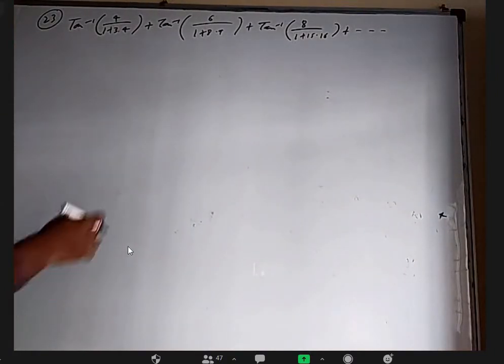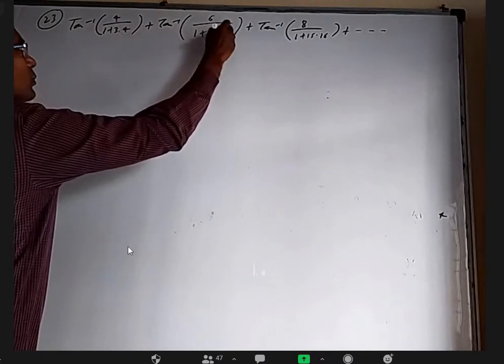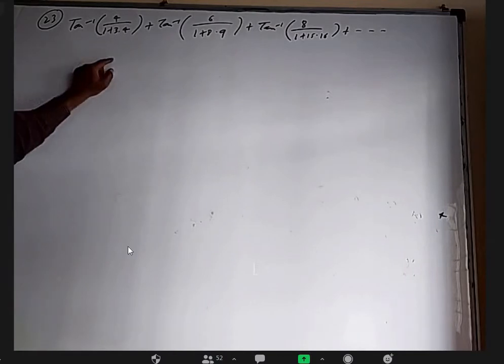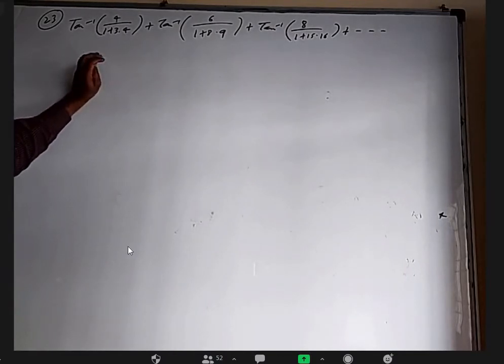Anybody want to give me some idea about what will be the nth term? Anybody noticed any pattern here? Sir, the first term can be written as 6 minus 2 divided by 1 plus 6 into 2.